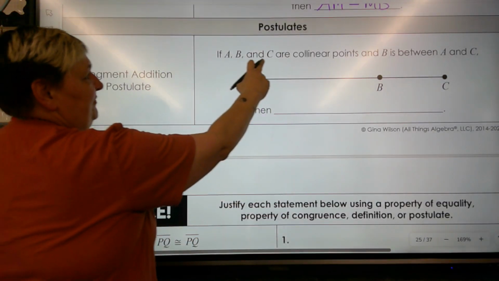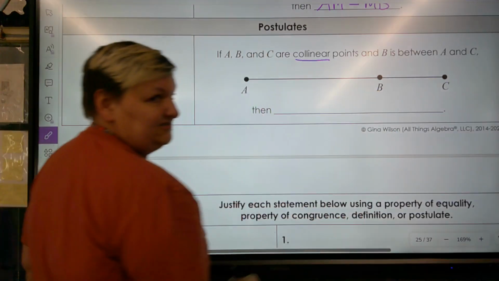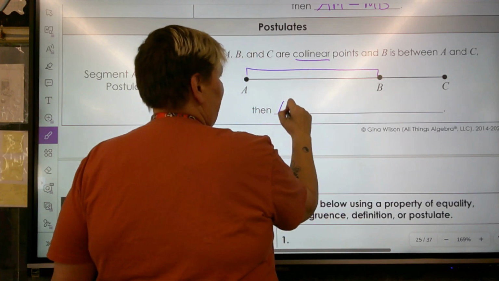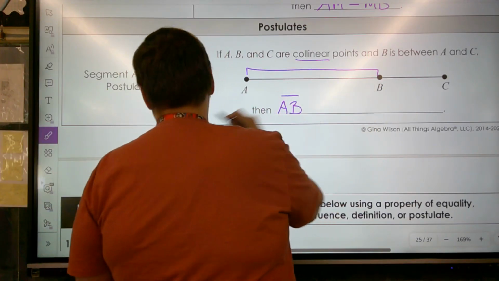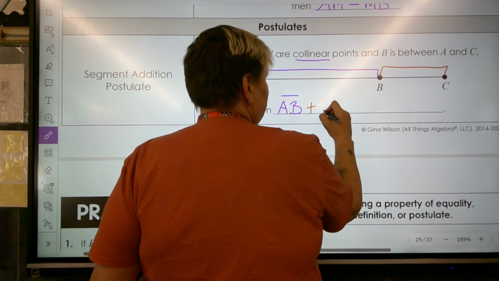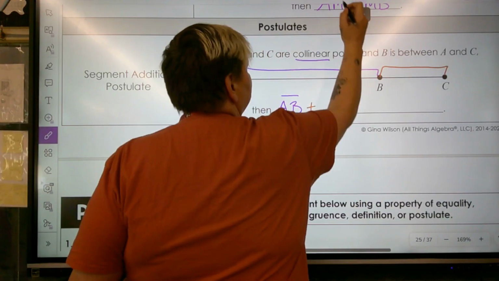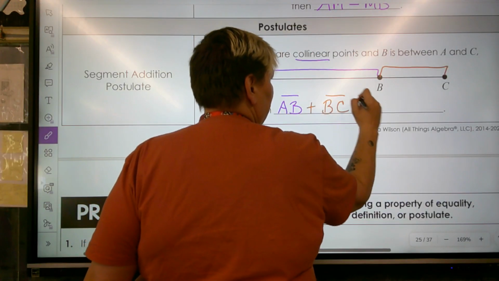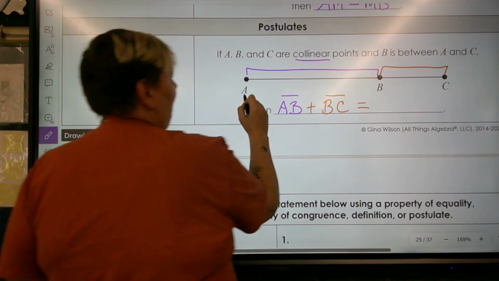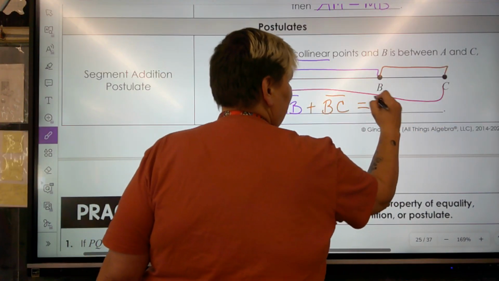Remember, if A, B, and C are collinear on the same line, and B is between A and C, then this piece, segment AB, plus this piece, segment BC, equals the whole thing, segment AC.